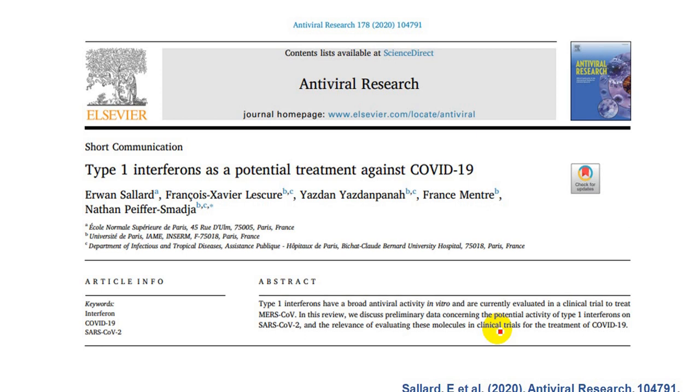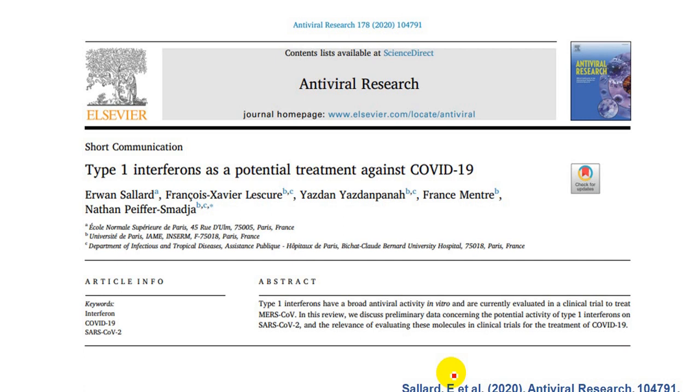Type 1 interferons have broad antiviral activity both in vitro and in certain clinical trials, some of the experiments in late 2019 and early 2020, because this paper is very latest, as latest as 2020, that type 1 interferon can be a potential treatment for COVID-19.